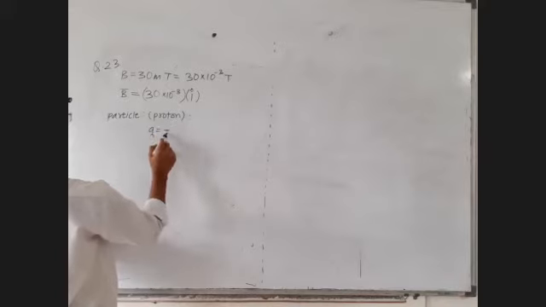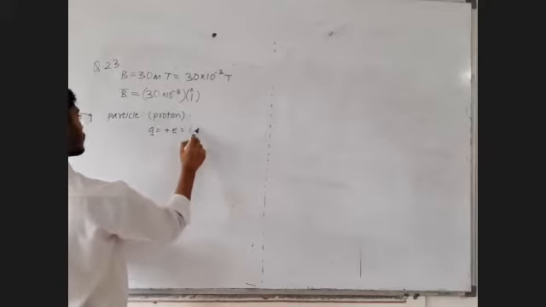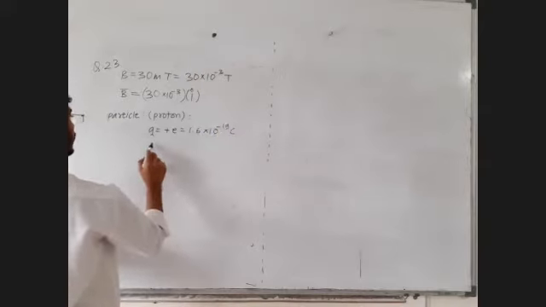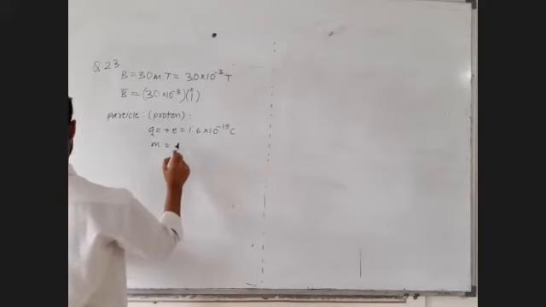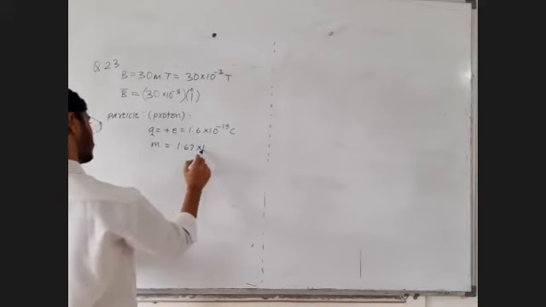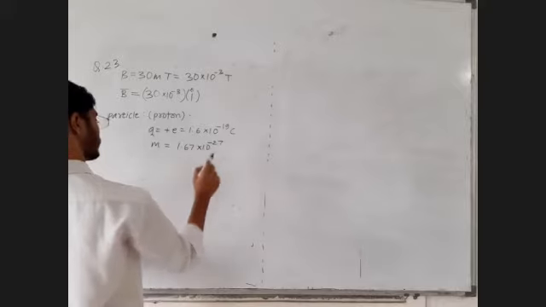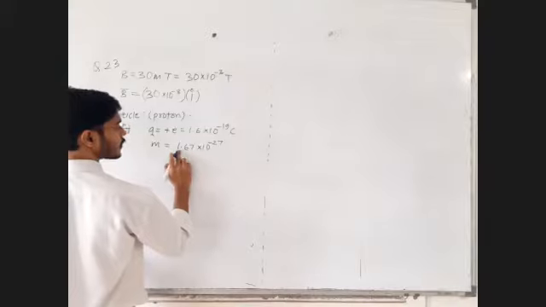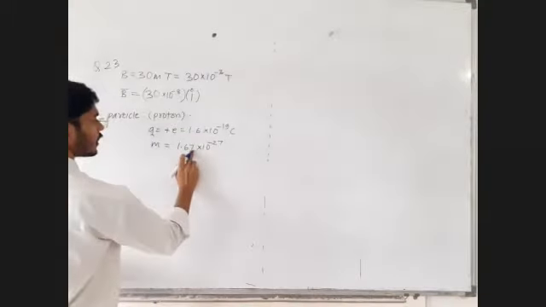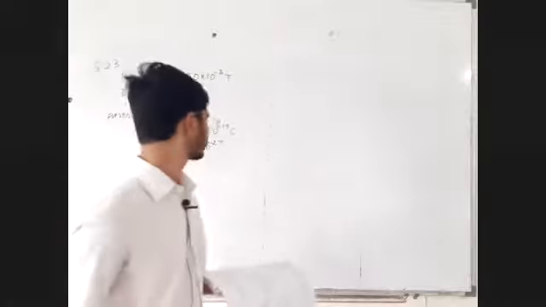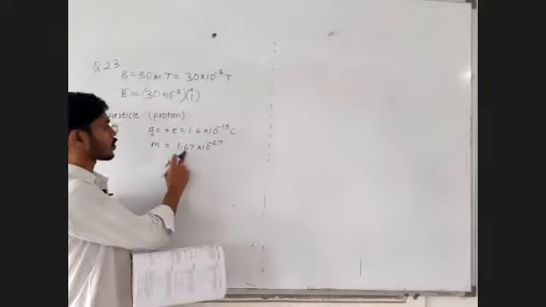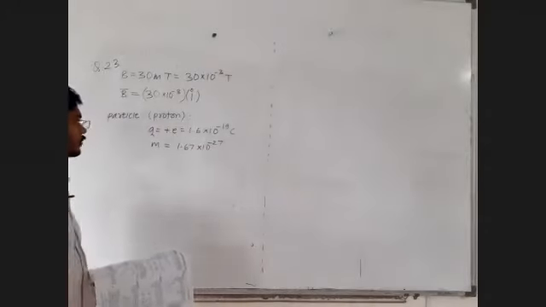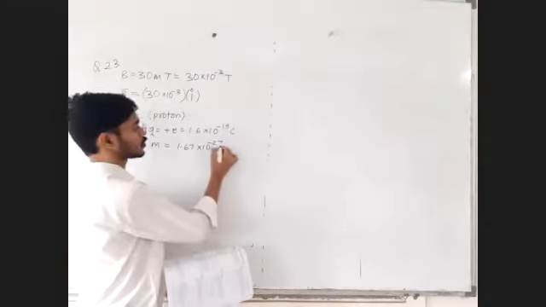Charge on the particle q is equal to plus e, which is equal to 1.6 into 10 to the power minus 19 coulomb, and the mass of that charged particle is 1.67 into 10 raised to minus 27. 1.67, see. We wrote 1.6, the next digit is also known. Everyone update yesterday's chart. Yesterday's chart, update it. Mass of proton was written as 1.6, make it 1.67 into 10 raised to minus 27.